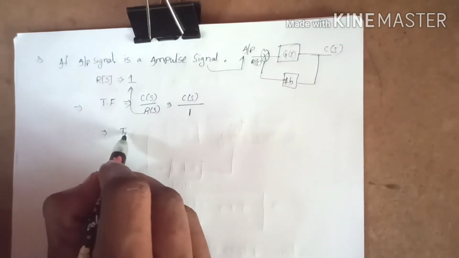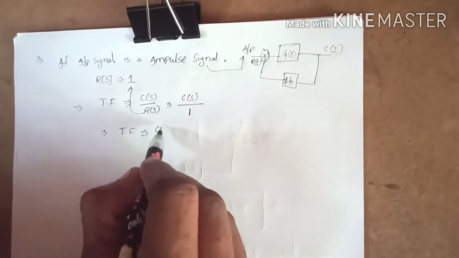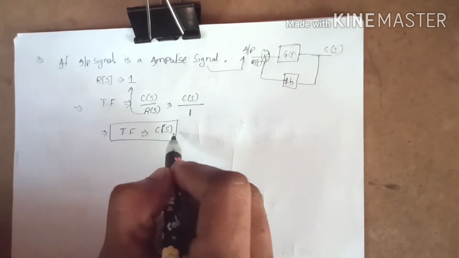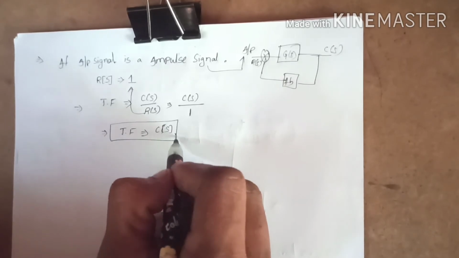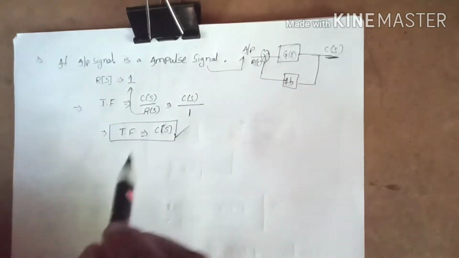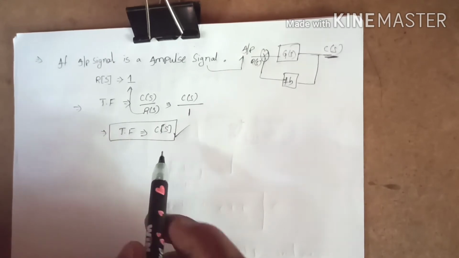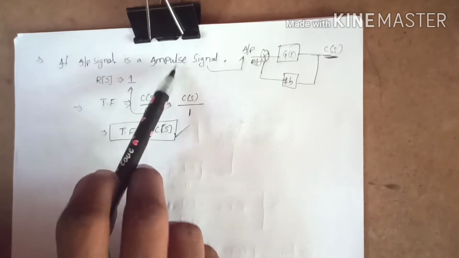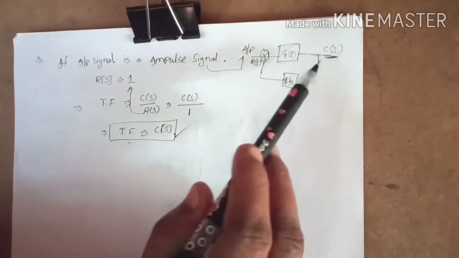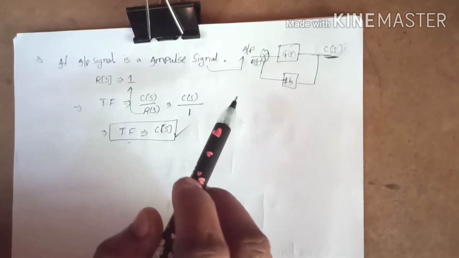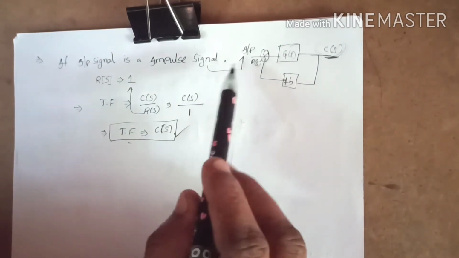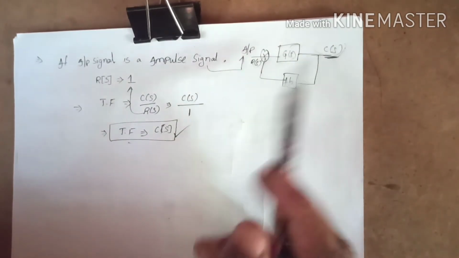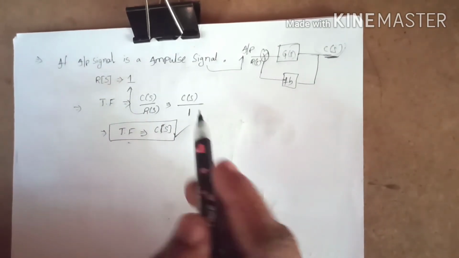So transfer function equals C of S. When the input signal is an impulse signal, the transfer function equals the output C of S. Is it clear? Okay.